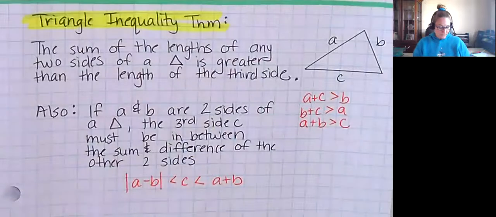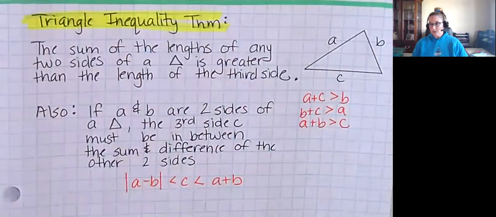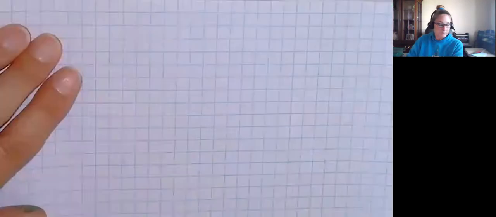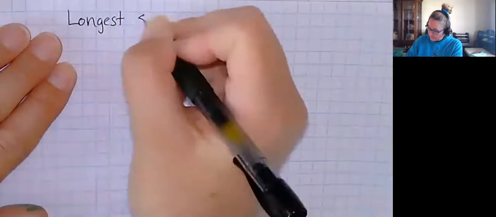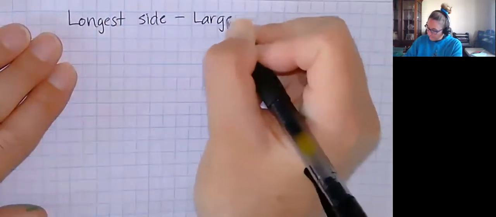Now the next one and last one for this video is talking about longest side, largest angle. So that's going to be the next one I'm going to write. So longest side, largest angle.